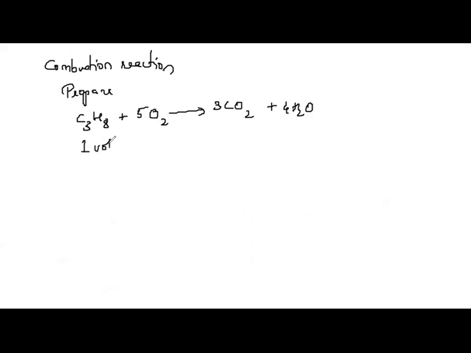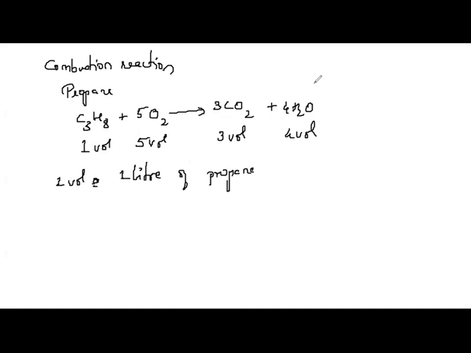1 volume of propane reacts with 5 volumes of oxygen to give 3 volumes of carbon dioxide and 4 volumes of water. So according to the above equation, 1 volume, or you can mention it as 1 liter, of propane. The question asked is the same: how much oxygen is required to completely burn 1 liter.